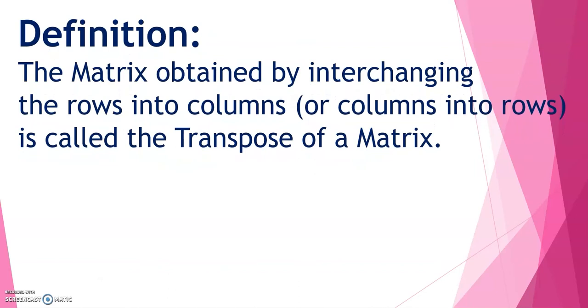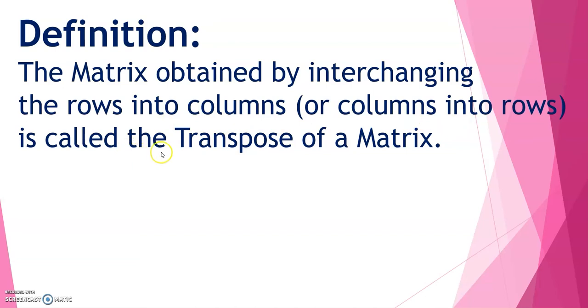So the definition of the transpose of a matrix. For any given matrix, the matrix obtained by interchanging the rows into columns or columns into rows is called the transpose of a matrix. Whenever we are given a matrix of any order, we need to change the rows into columns or write the columns as rows.